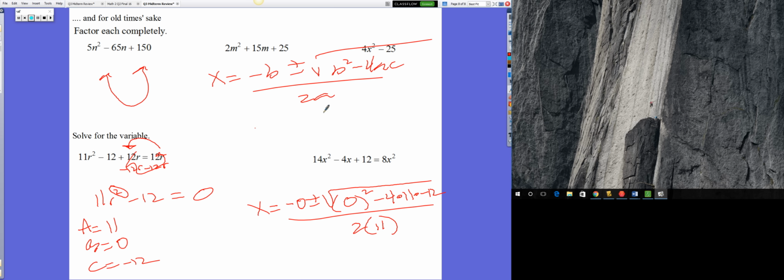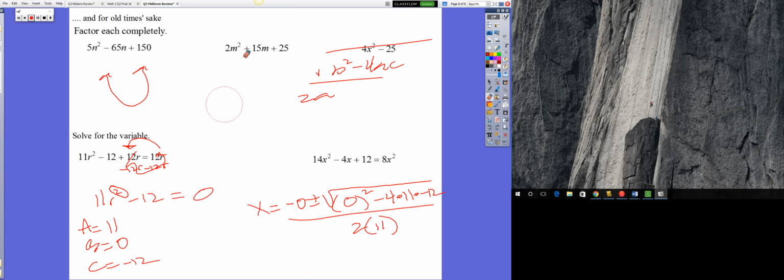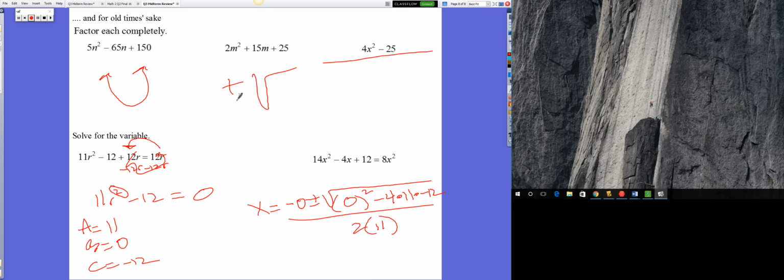And you should have this. Let me erase some stuff. Okay, you've got plus or minus square root of 528 all divided by 22.